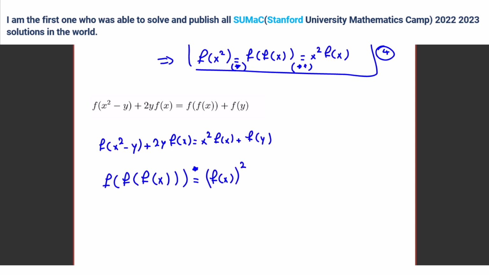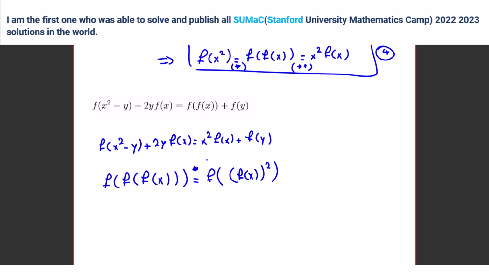Can we use double star to simplify this? Isn't it f of this whole squared, f of x squared? Why is the square on the outside? Because it is f of this inside, squared, right? What's the problem?